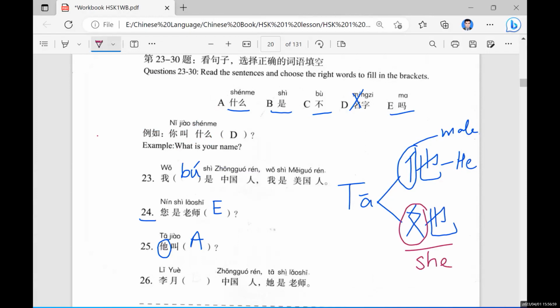So you have to remember when it will be he or she. You can decide by writing the character or saying it like this. So number 26, Li shi Zhongguoren, Ta shi laoshi. So B will be the most appropriate answer.